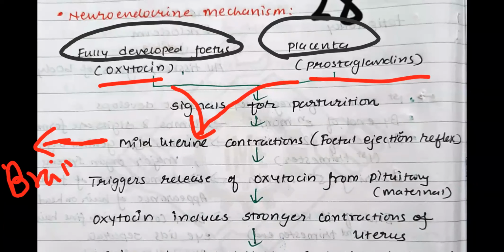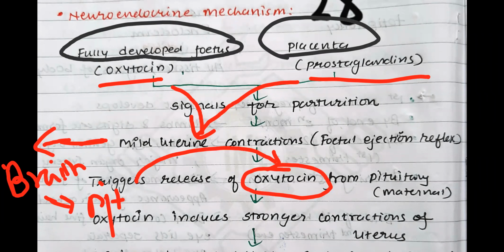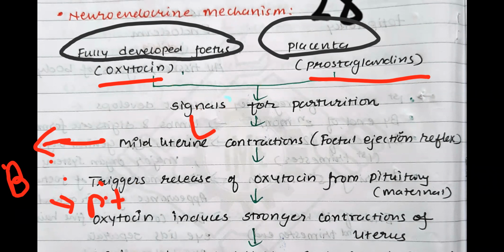Mother's brain passes this message to mother's pituitary, and mother's pituitary now starts secretion of oxytocin over there. So see, nervous system is also involved, endocrine system is also involved, neuroendocrine mechanism, this one. फिर से मैं इस पॉइंट पे आपको लाता हूं.